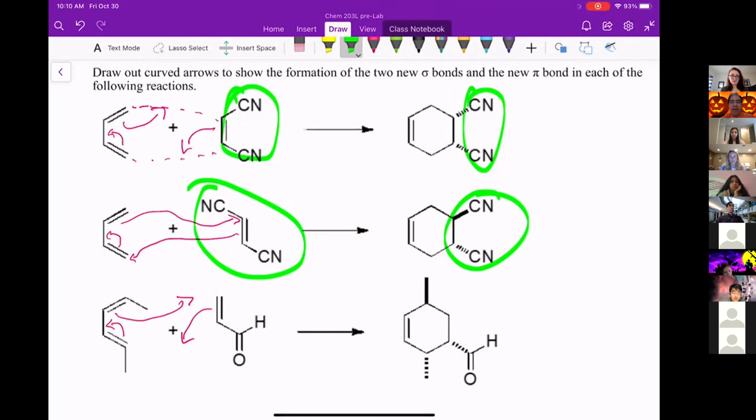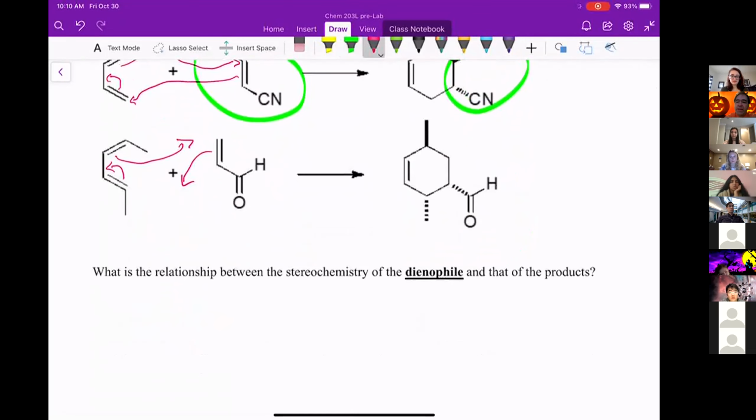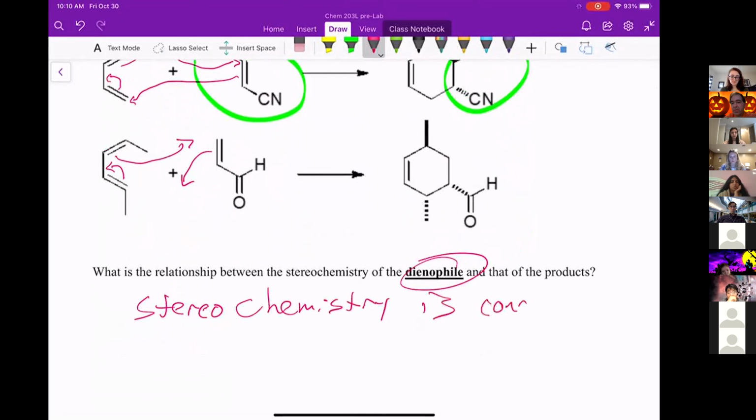There's no carbocations, so no rearrangements or anything like that. And so what we can say is for the dienophile, the stereochemistry is conserved. So if you started cis, trans, E, Z, however you started with that dienophile, the final product will still have that same stereochemistry, okay?